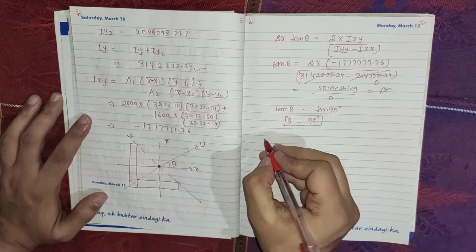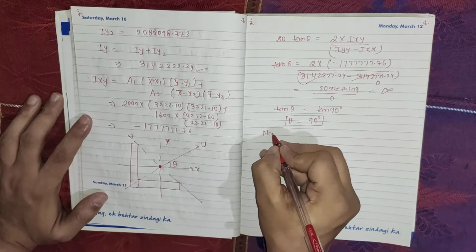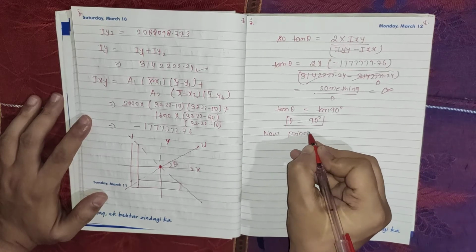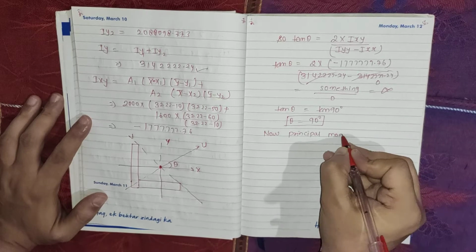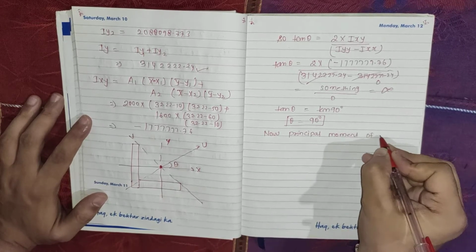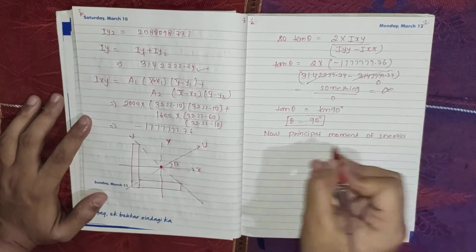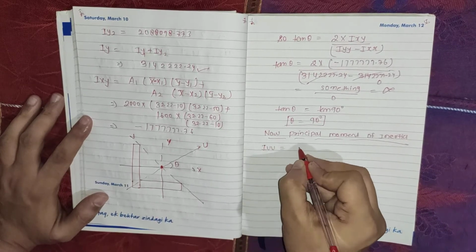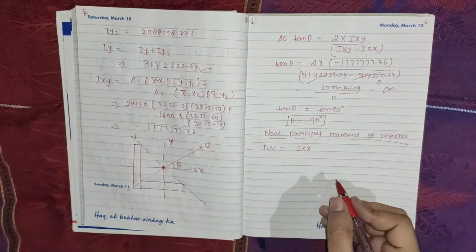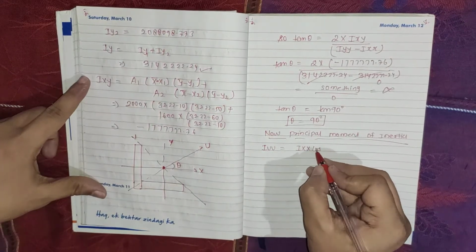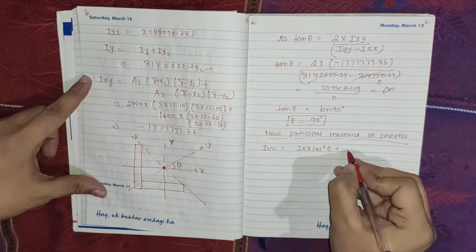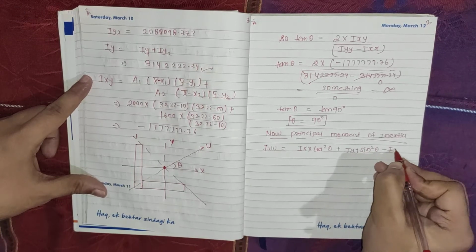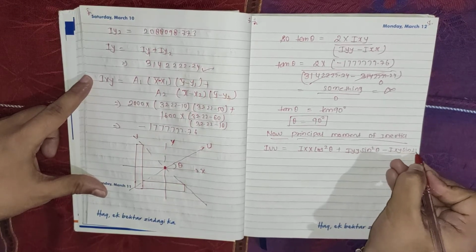So now the principal moment of inertia is equal to IUU is equal to IXX cos square theta plus IYY sin square theta minus IXY sin 2 theta.